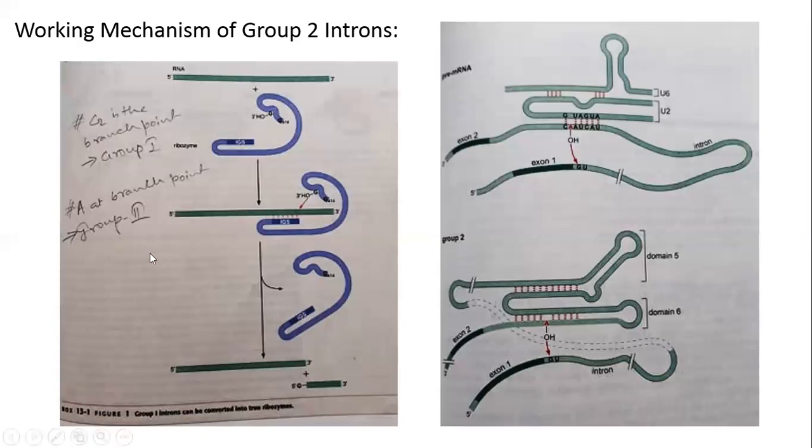The base pairing is mediated by the internal catalytic site, or internal guide site, the IGS, this dark blue part, which base pairs with the exon intron boundary, and thus the cleavage of the intron is mediated by the self splicing machinery of group 1 intron.